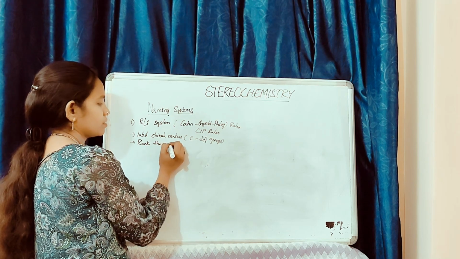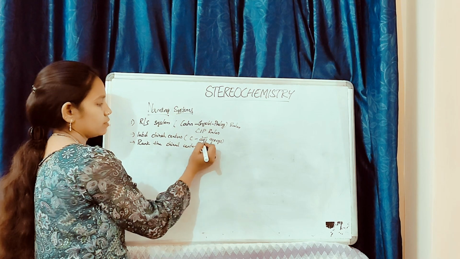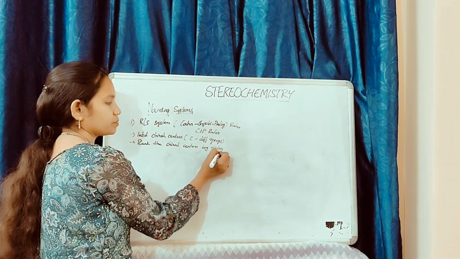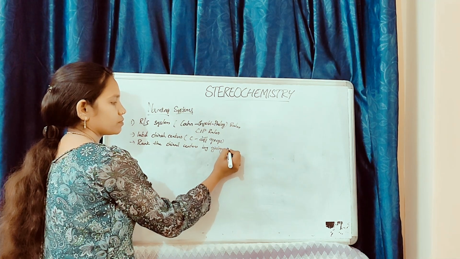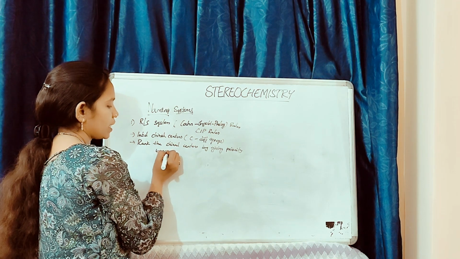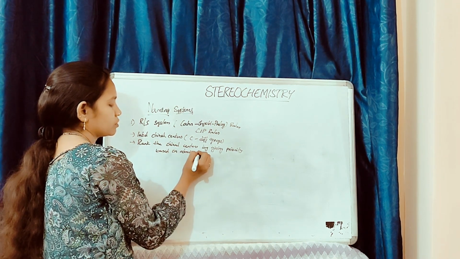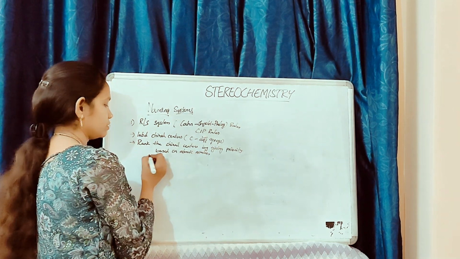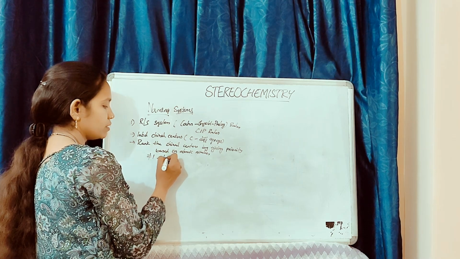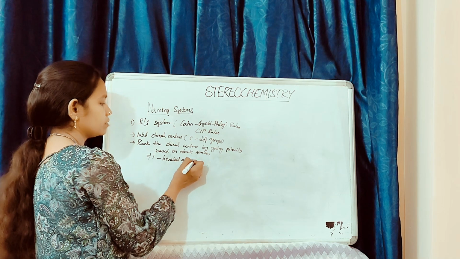Second, rank the chiral centers by giving priority based on what? Atomic number. So here the first number will be given to the heaviest atom, right?